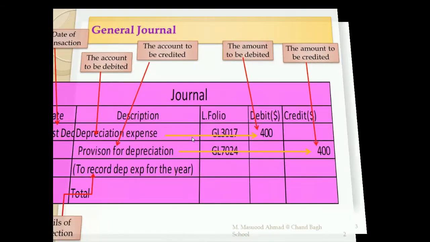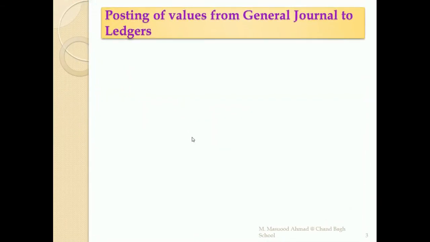So let's see the posting of your journal into your ledgers. As you know, the journal is not part of double entry, but the ledgers are part of the double entry system. In this slide we will see how the journal entries are posted to your ledgers.